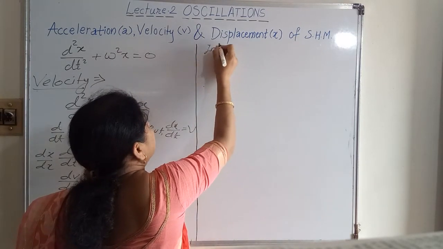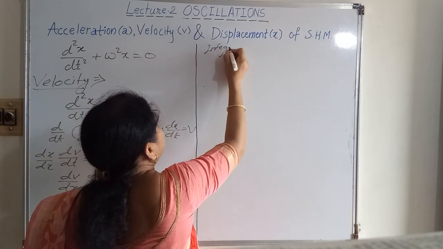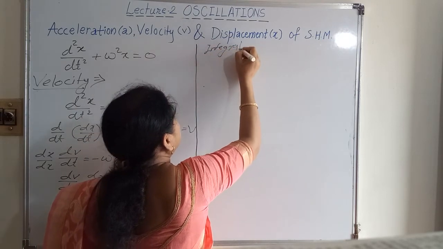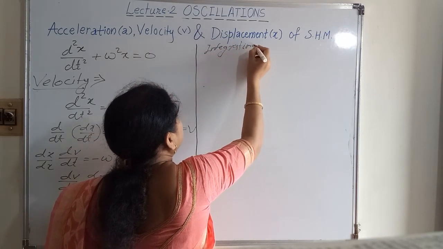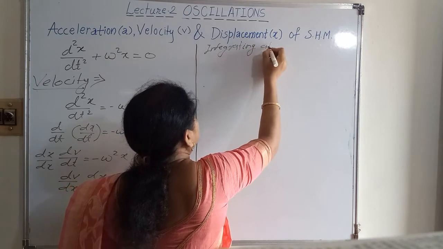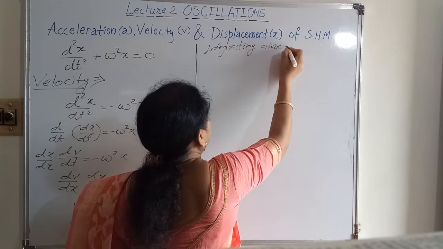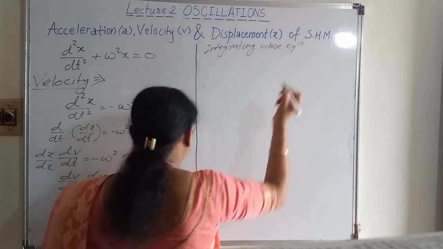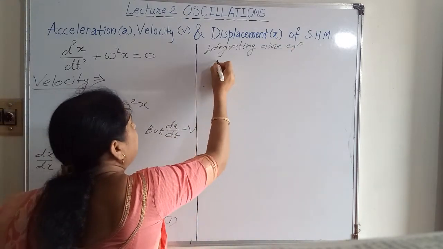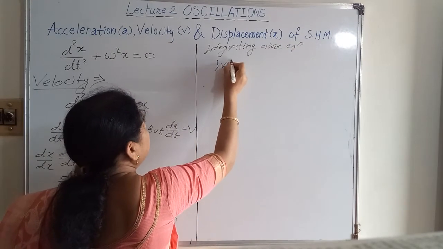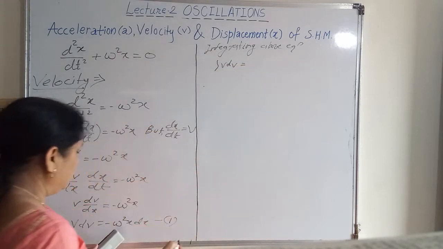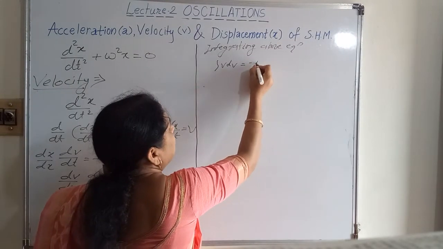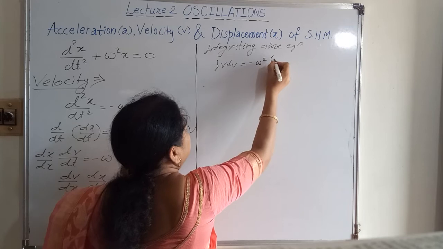Integrating the above equation on both sides, we can write integration of v dv is equal to minus omega square, which is constant, into integration of x dx.